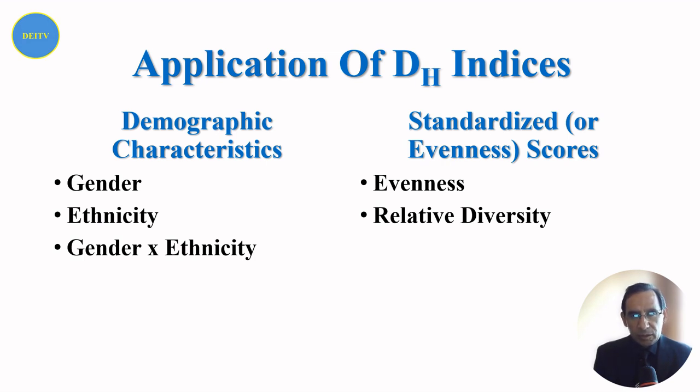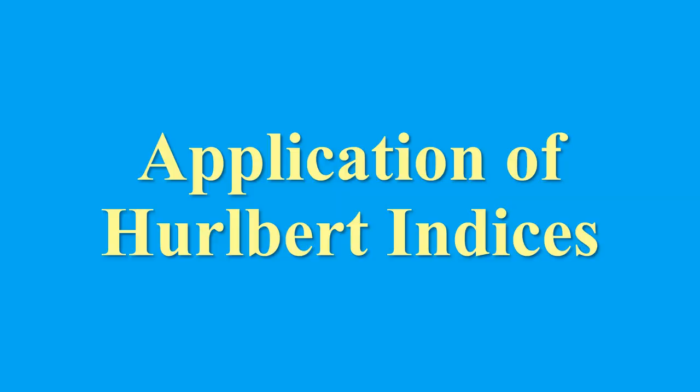I'm also going to apply the indices to the revenue data that was presented in the previous episodes. As I mentioned a few seconds ago, I'm going to apply the Hurlbert indices to the same gender, ethnicity, and revenue data. So let me go to Share.